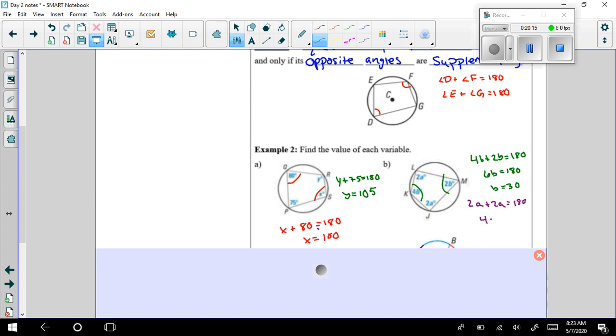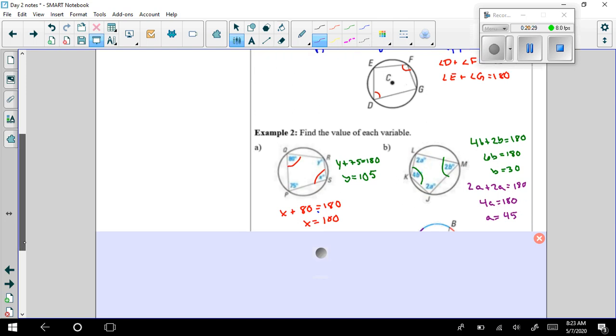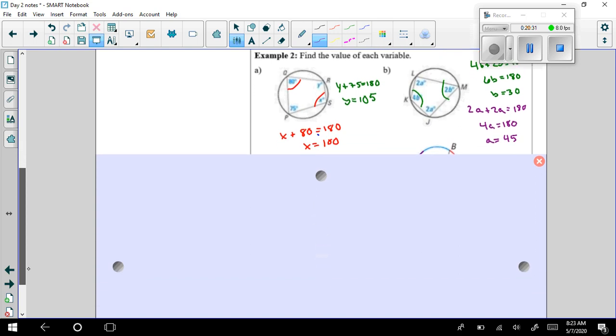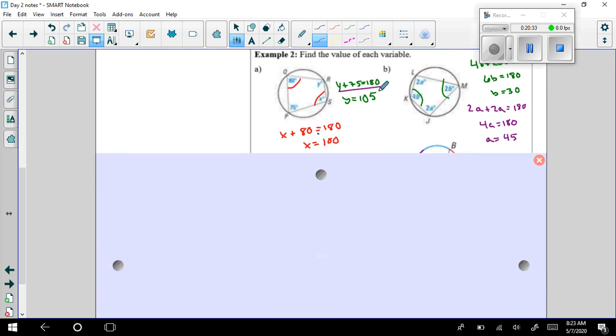So 4a equals 180. And a equals 45. And that's that for those. So opposite angles are supplementary. Add them together to equal 180.